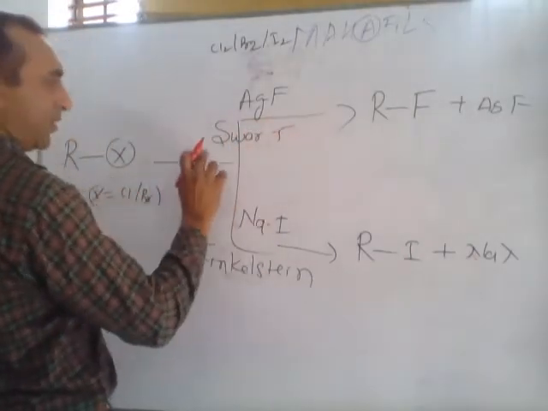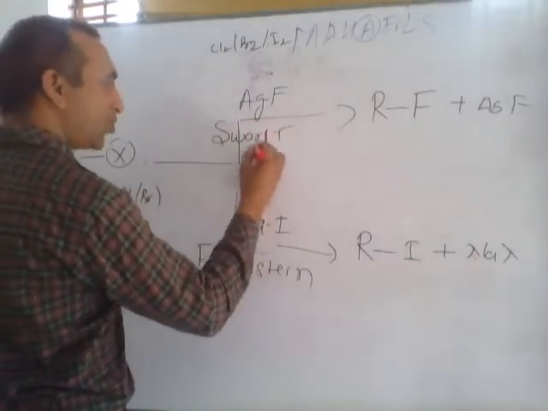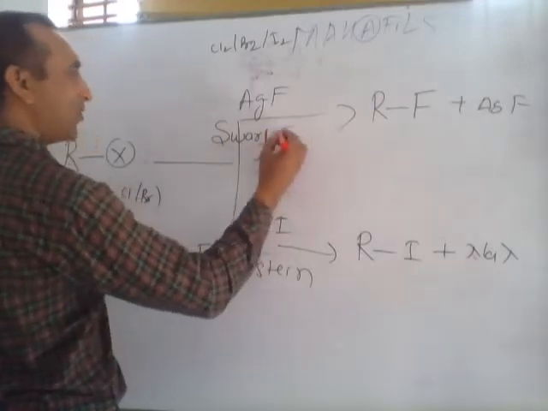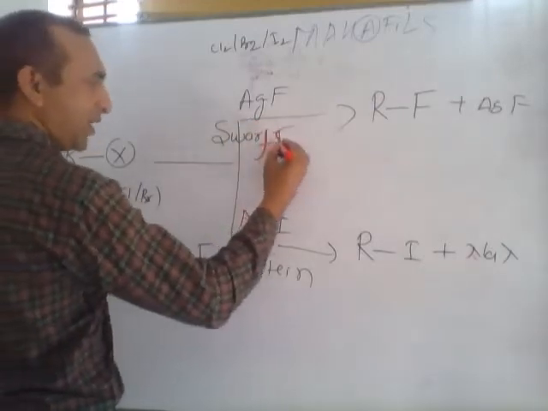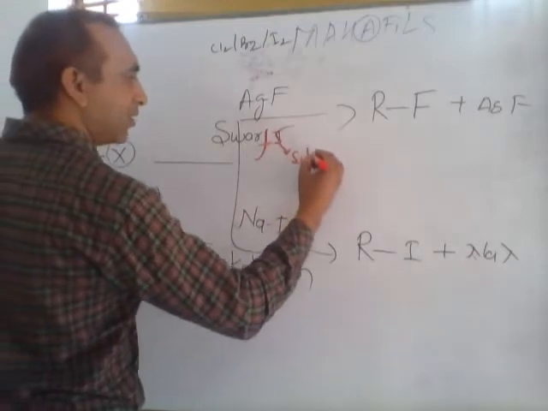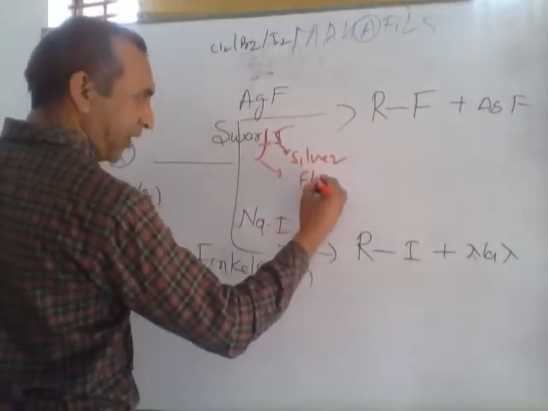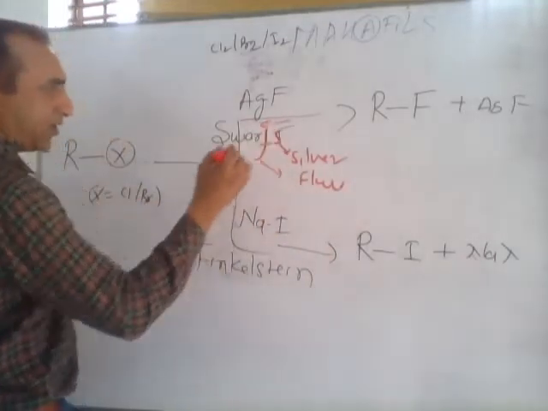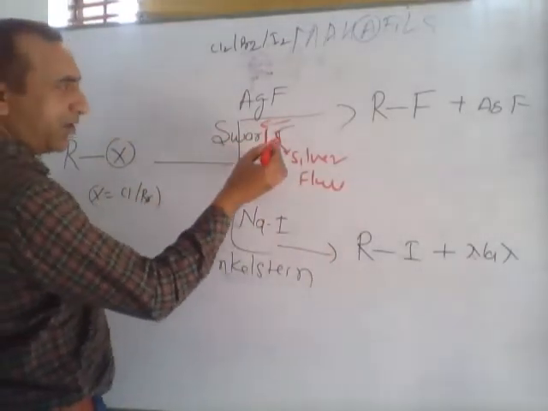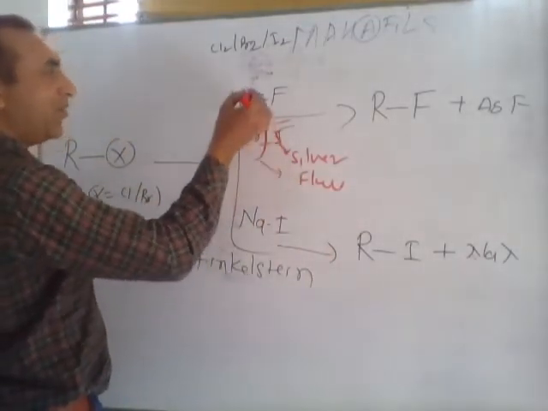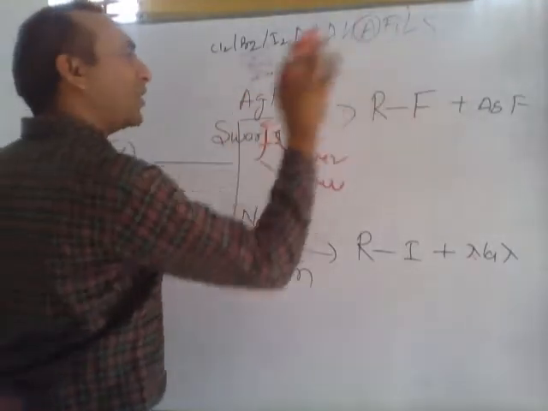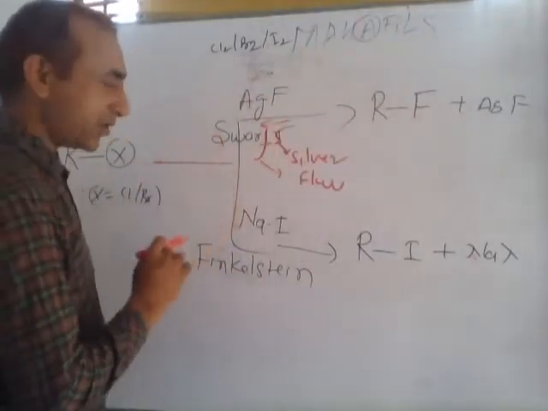Change one letter: Swarts. The S stands for silver and F stands for fluoride. If we are using silver fluoride, the reaction is called the Swarts reaction.